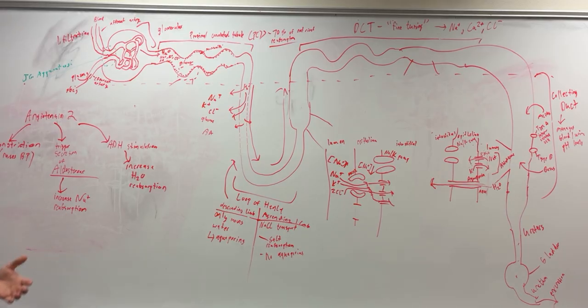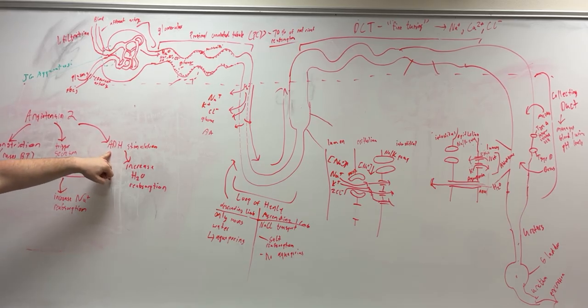So it's going to pull more water back into the blood, which will also help raise the blood pressure, and it'll keep us hydrated. So this whole thing is kind of the response to dehydration or low blood pressure. And so the end thing was this angiotensin 2 that has these effects of vasoconstriction, aldosterone secretion to increase sodium reabsorption, and antidiuretic hormone stimulation to increase water reabsorption.